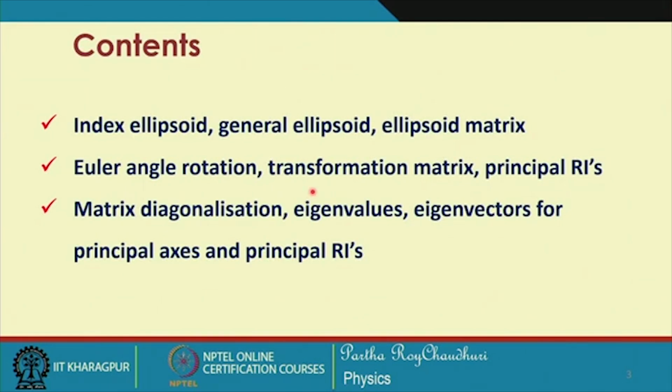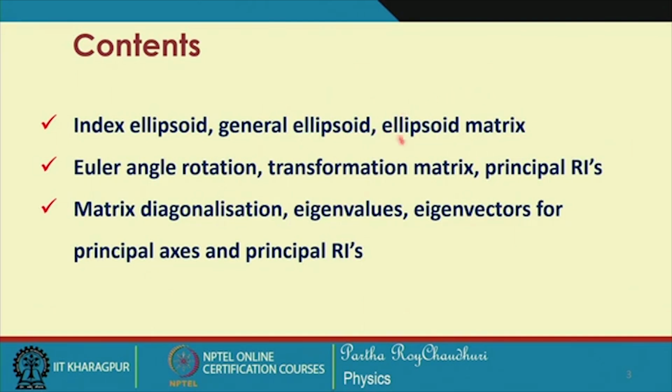Under this heading, we will be discussing today the index ellipsoid, the general representation of the ellipsoid, which is the basis of understanding electromagnetic wave propagation in anisotropic medium.